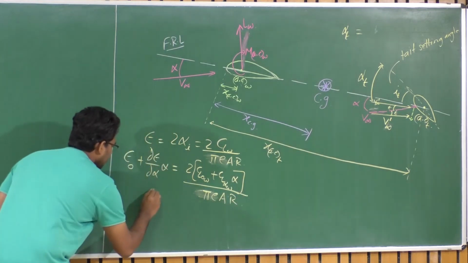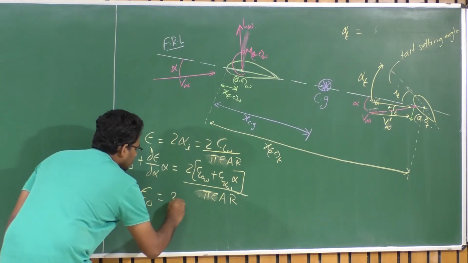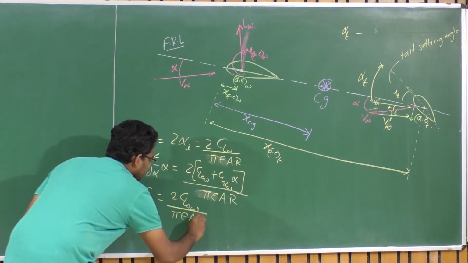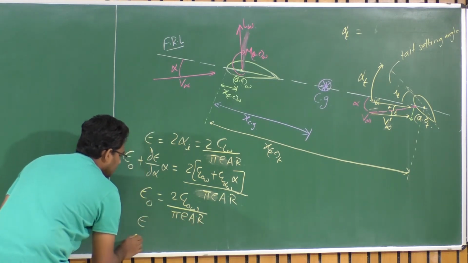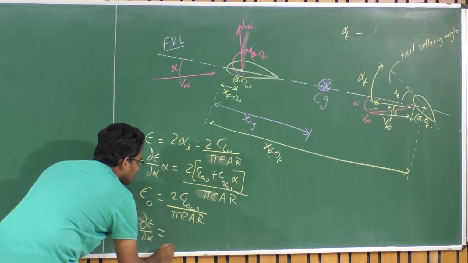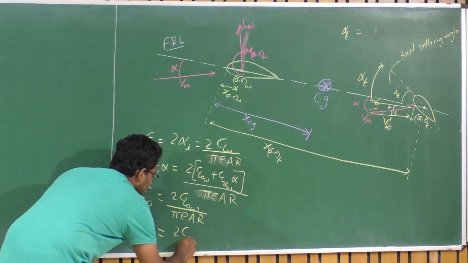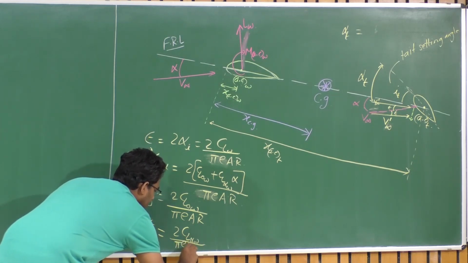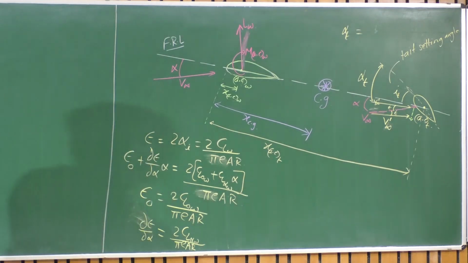So from this we can say that epsilon naught is equal to 2 times CL naught of wing upon pi e AR, and dou epsilon by dou alpha is equal to 2 CL alpha of wing upon pi e AR, where e is the Ostwald's efficiency factor and AR is the aspect ratio.